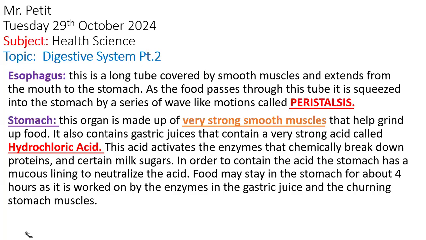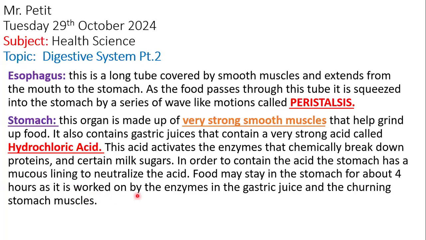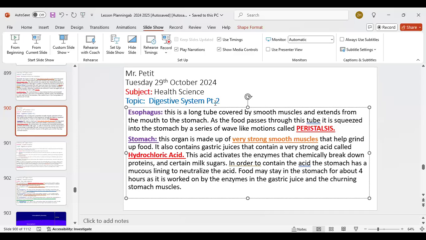Okay, next. Last but not least, we have one more line with the stomach. What else do we need to know about the stomach? And then next time we come, we learn about the small intestine.